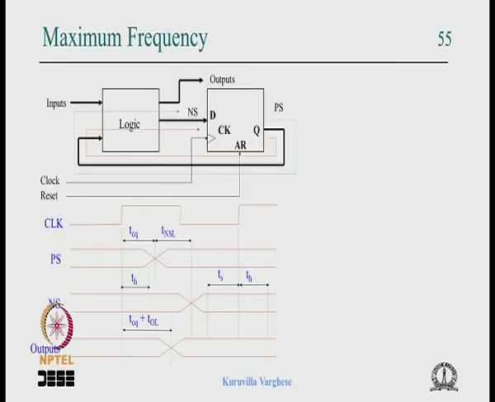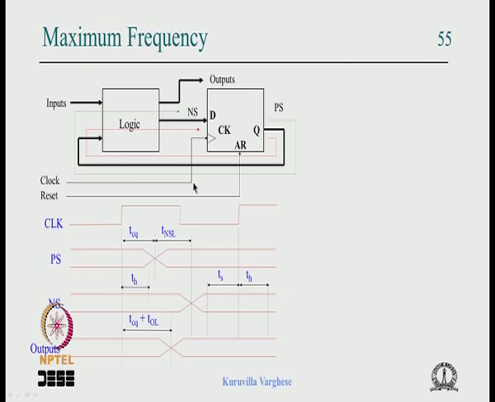So let us come to today's part. Let us analyze the timing of the state machine, and the 2 block view is easy to analyze. Because it is identical to the counter, only the output is an extra thing.